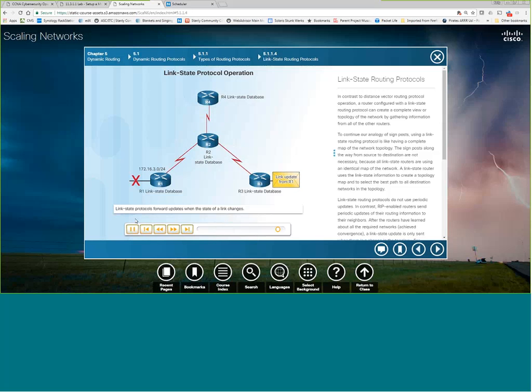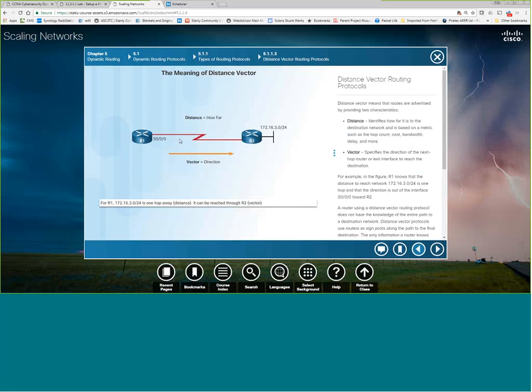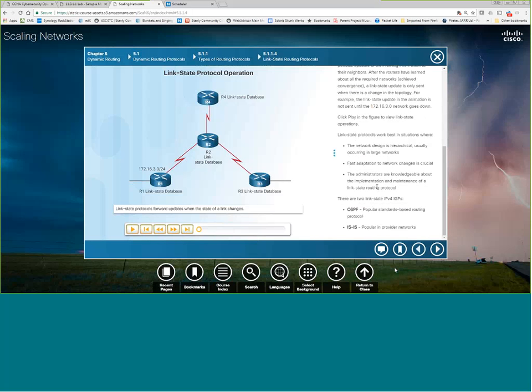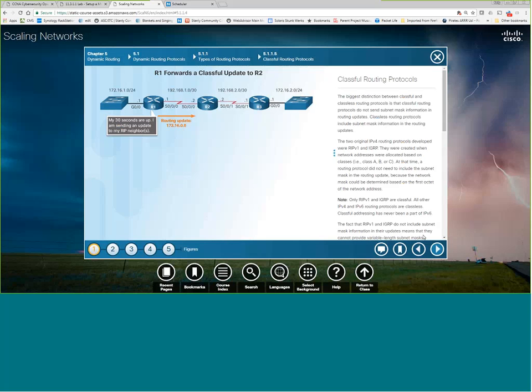So in a link state network, instead of only understanding paths based upon their neighbors and where they're going towards their neighbors, the routers can actually understand the entire network because they have a link state topology database, and they can understand all of the different networks and their links on the network and how to get to them.